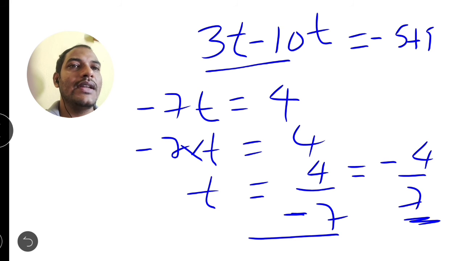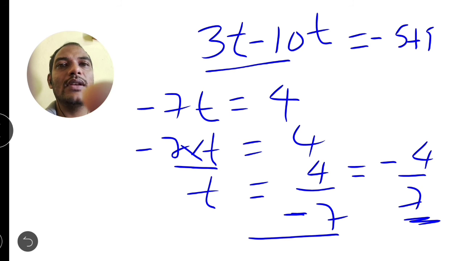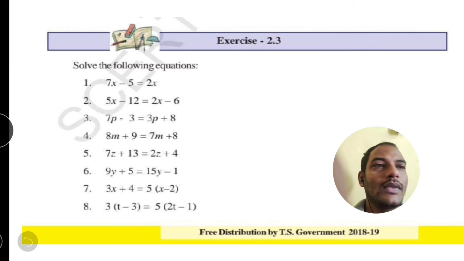So 3t minus 10t is minus 7t, minus 5 plus 9 is 4. So minus 7t means minus 7 into t equals to 4. So t equals to 4 by minus 7 or minus 4 by 7. So t value is minus 4 by 7.